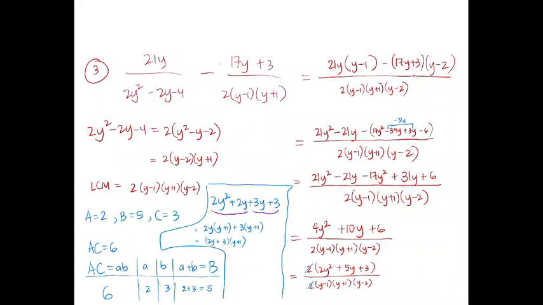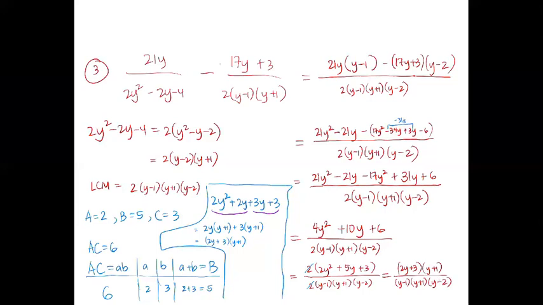Which means in the numerator, we can write 2y plus 3 times y plus 1. On the denominator, we'll just copy the 3 factors: y minus 1, y plus 1, y minus 2.